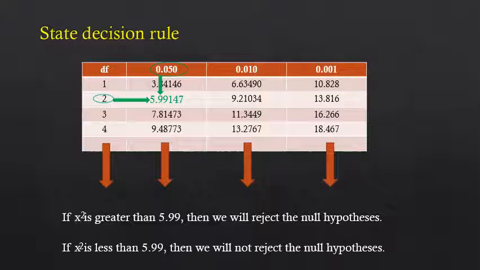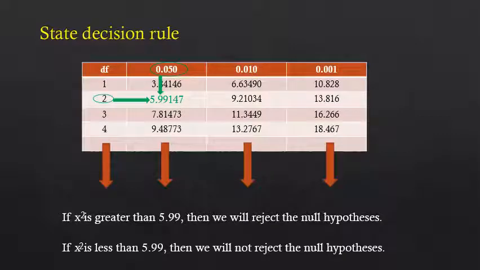So that would be our baseline. If x squared is greater than 5.99, then we will reject the null hypothesis. But if x squared is less than 5.99, then we will not reject the null hypothesis.